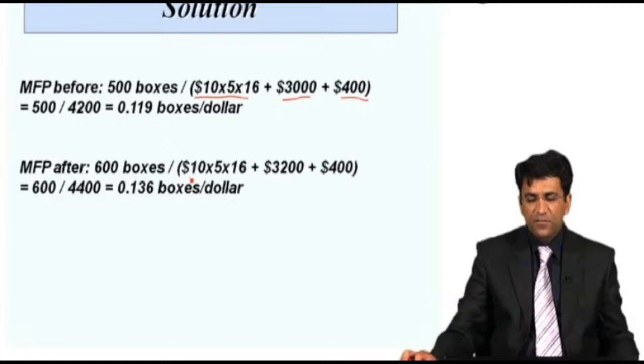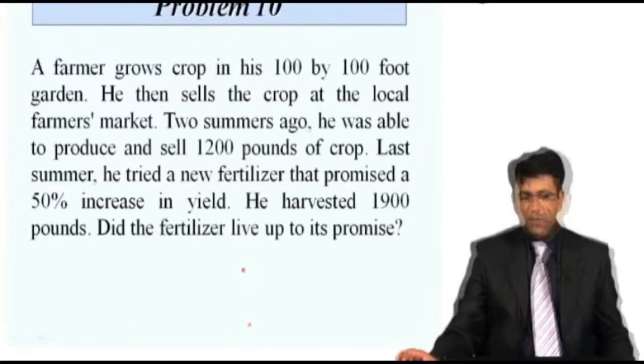The labor hours will remain the same. Only the capital costs will increase in this case, now equal to $3,200. The energy cost will remain the same. So if you divide 600 by this sum, it will be equal to 0.136 boxes per dollar. So this is our new productivity.